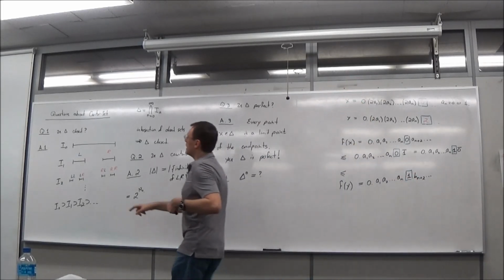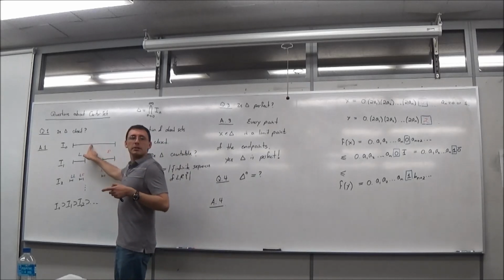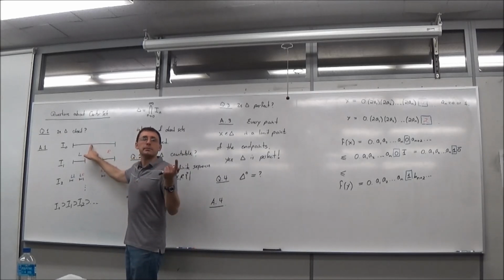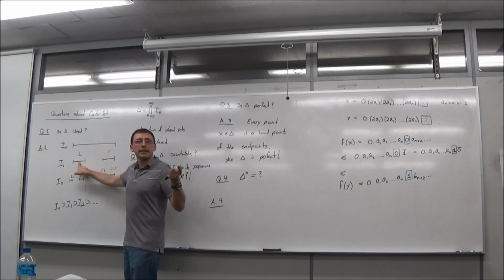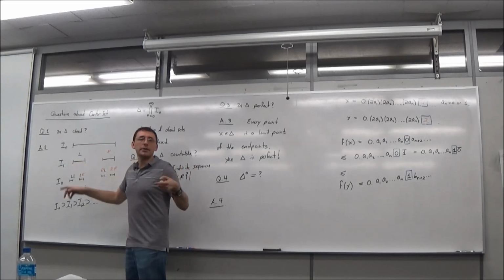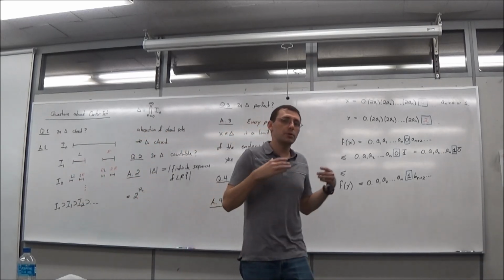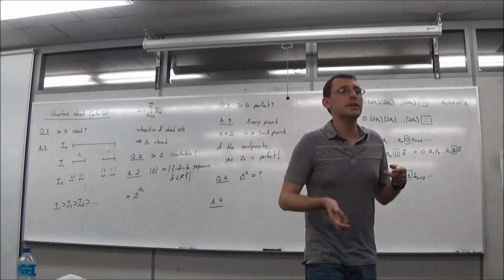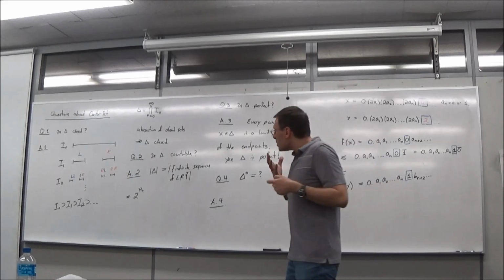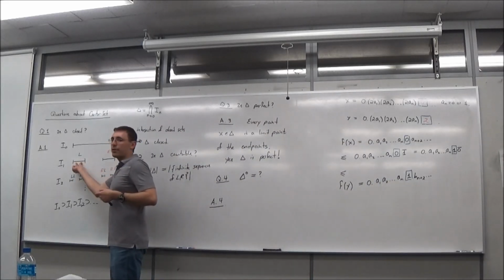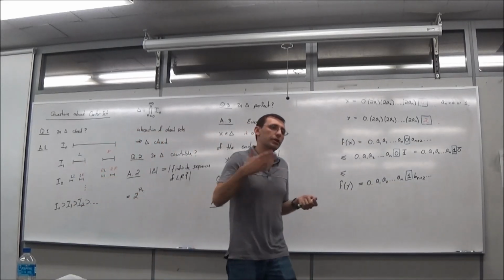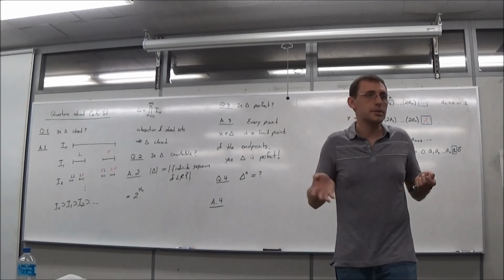For example, the size of the open interval that survives at 0 deletions is at most radius 1. If I take an interval in I1, the biggest open interval I can possibly produce will be of diameter 1/3, radius 1/3 over 2, right?